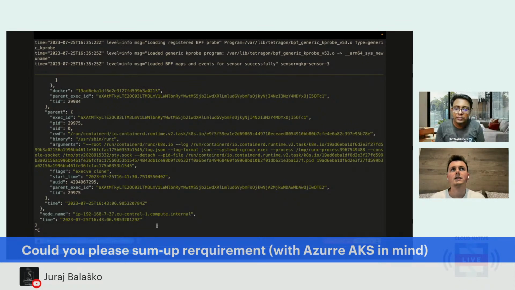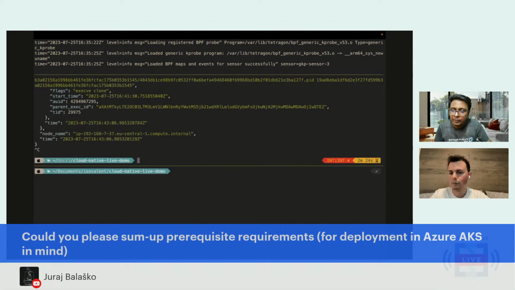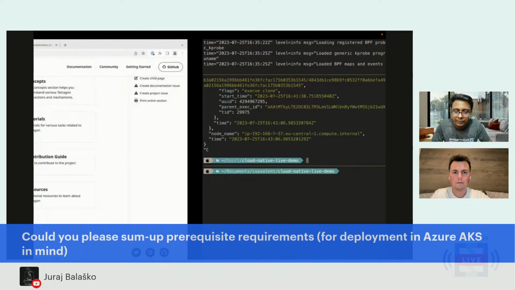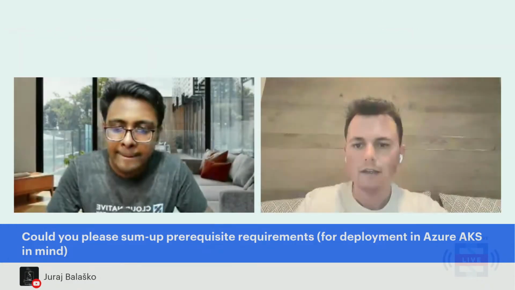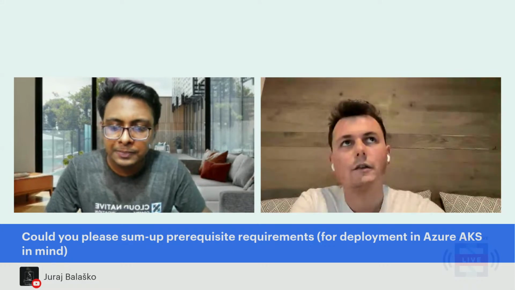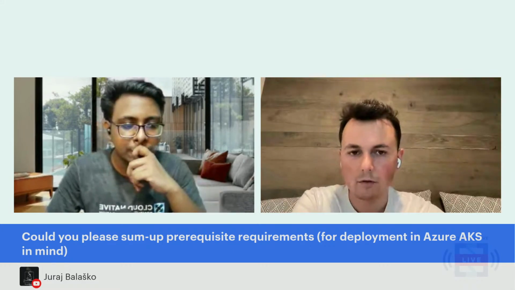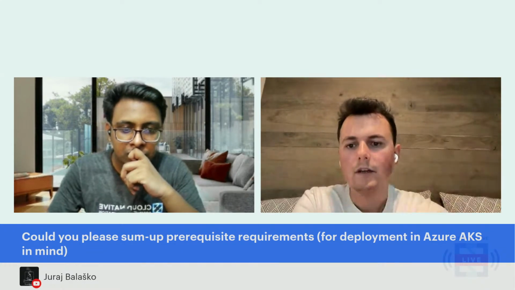I don't have the exact answer for that, but what Tetragon needs is BTF support. BTF is a file in the kernel that describes all the structures of the kernel, and Tetragon needs that to load its BPF programs.